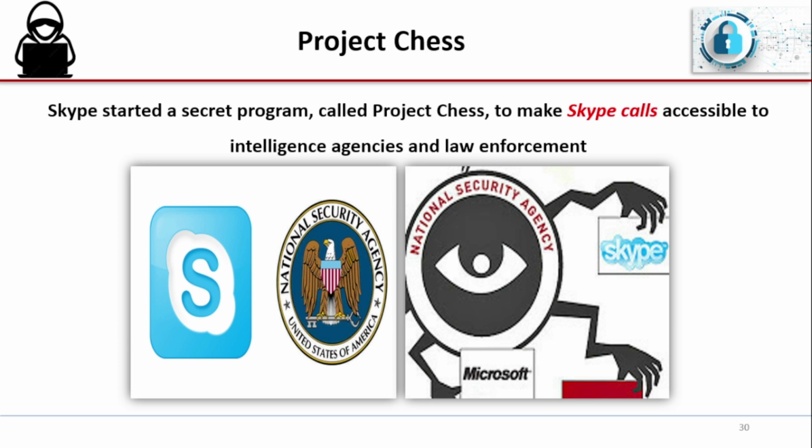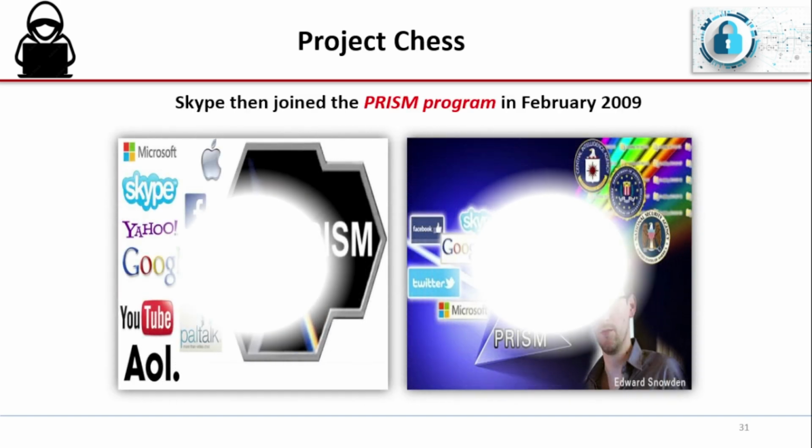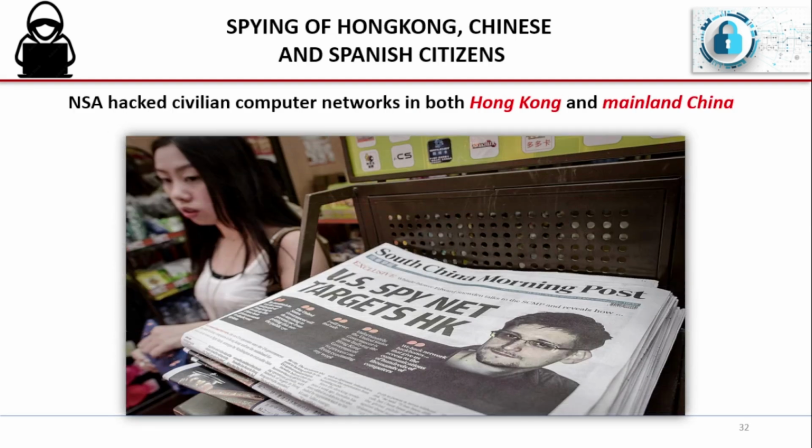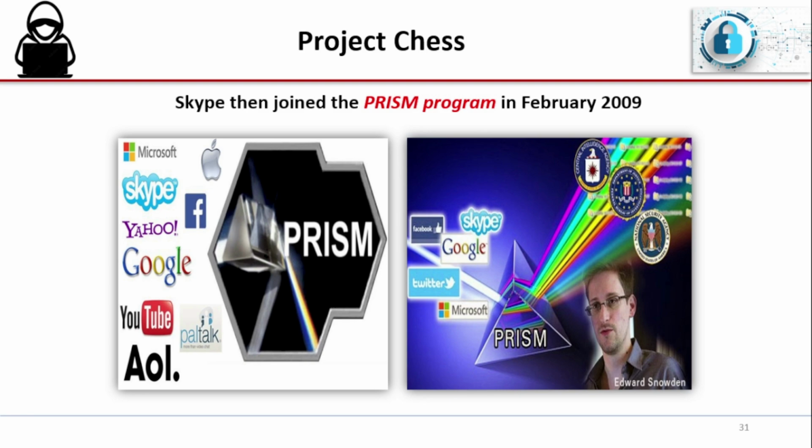Skype started a secret program called Project Chess to make Skype calls accessible to intelligence agencies and law enforcement agencies. So these big giants and big organizations, if you think that their data is secret, it's not. Skype then joined the PRISM program in February 2009. All these revelations were by this guy in glasses.